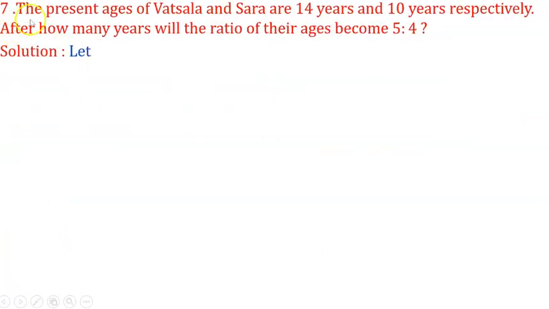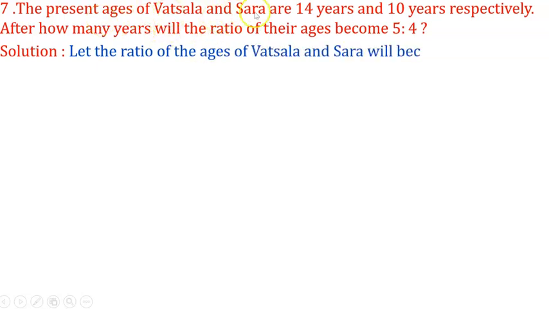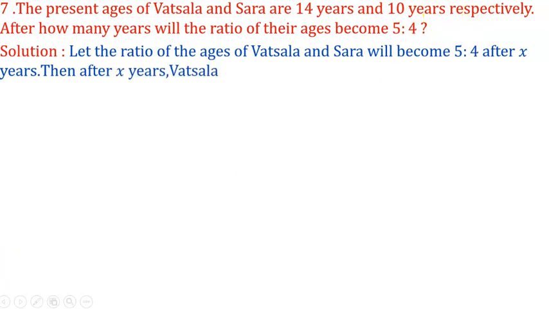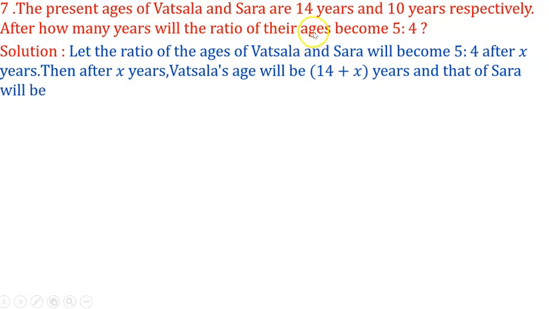Now next example. The present ages of Vatsala and Sara are 14 years and 10 years respectively. After how many years will the ratio of their ages become 5:4? Let the ratio of ages of Vatsala and Sara become 5:4 after x years.